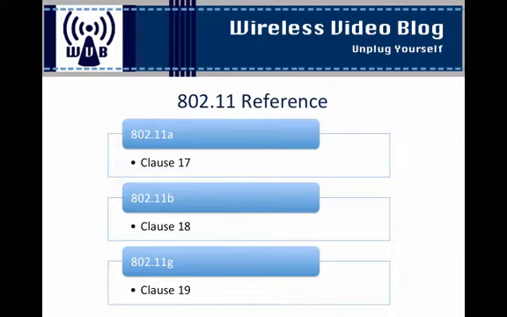For instance, you might see the original .11 standard referenced as DSSS, whereas the 802.11a standard might be referenced as OFDM, 802.11b might be referenced as high rate DSSS or HR DSSS, and G, since it also uses OFDM as its modulation technique, might be referenced as ERP OFDM or extended rate physical OFDM. And again, we will get into that further in the physical layer videos that I'll be making.